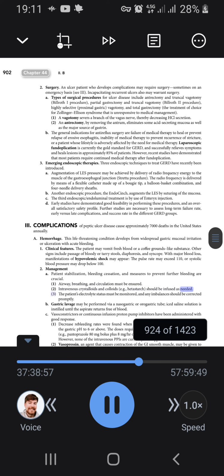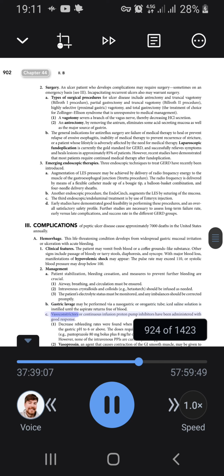The patient's electrolyte status must be monitored, and any imbalances should be corrected promptly. B. Gastric lavage may be performed via a nasogastric or orogastric tube. Ice saline solution is instilled until the aspirate returns free of blood.